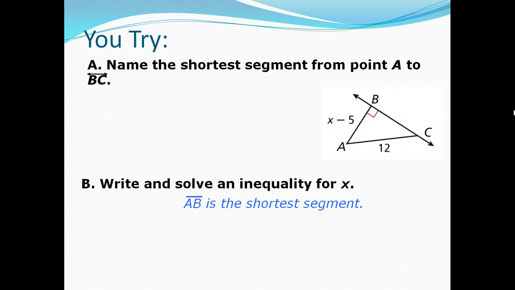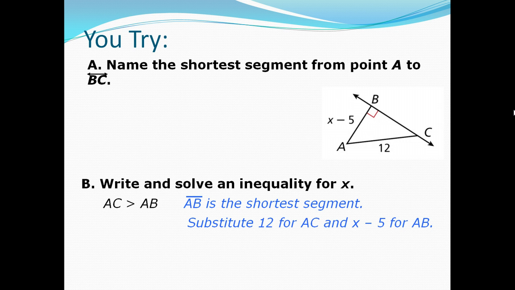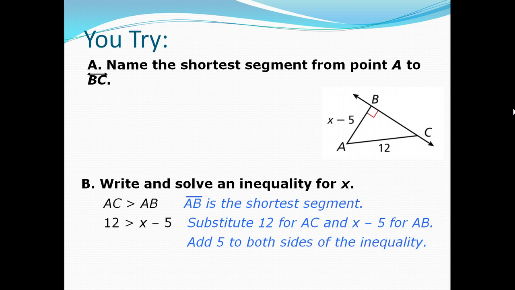Well, AB is the shortest. AC is greater than AB. Did you substitute in? Should have had 12 is greater than x minus 5. Add 5 to both sides, and 17 is greater than x.